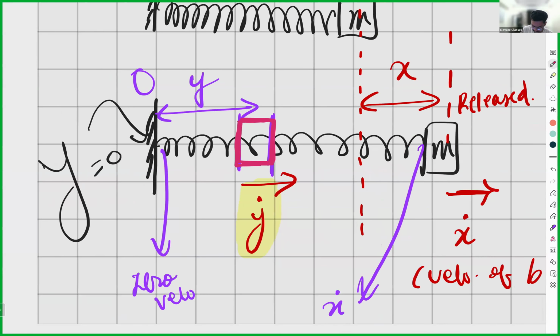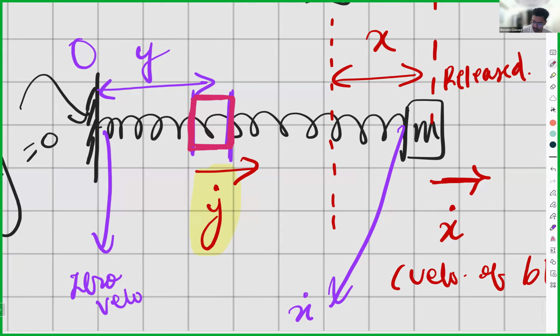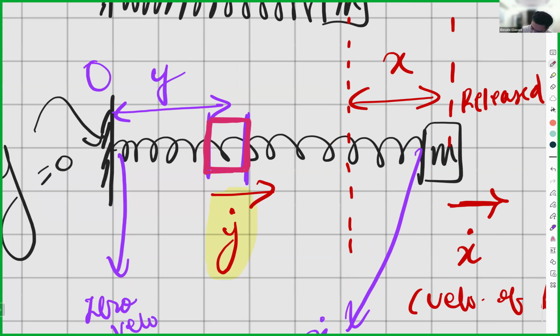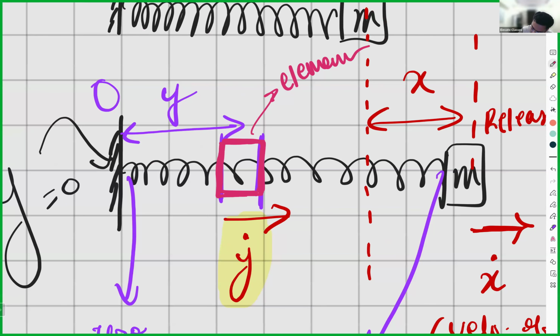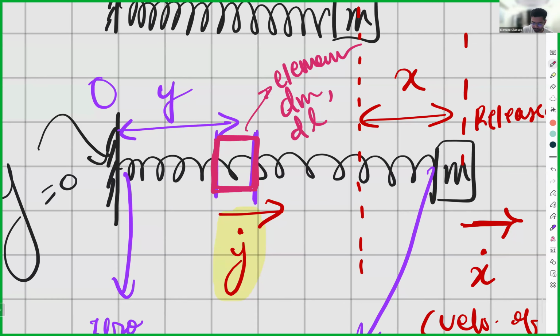Because the leftmost part has zero velocity, rightmost has x dot. Now this is a part which can be called an element, has mass dm and length dl. Now it has a position y. If this is y equal to 0, then it has a position y.